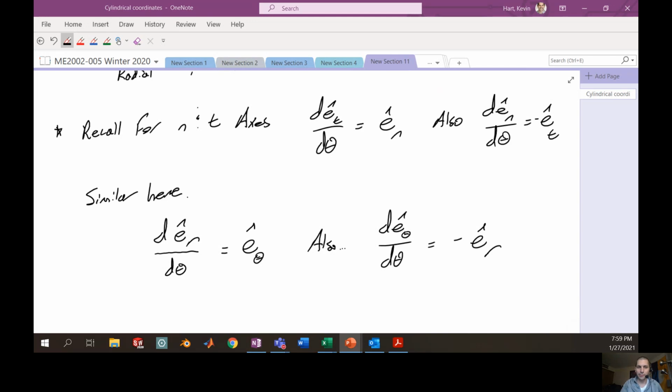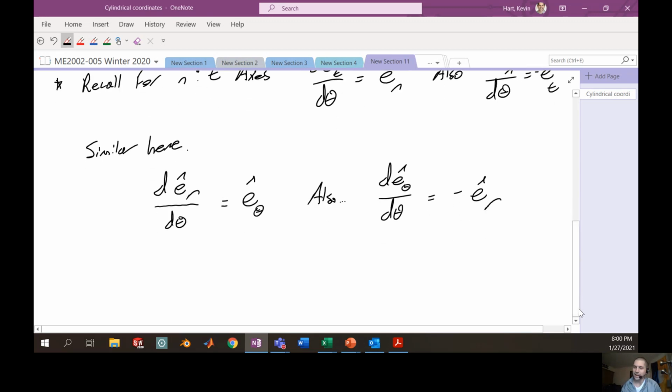But ultimately, what we want to do is get to a point where we can talk about time derivatives of these guys. And just like we did for normal and tangential axes, we're going to employ some chain rule tactics to figure out the time derivatives of these unit vectors so that then we can actually do the acceleration and velocity time derivatives appropriately.